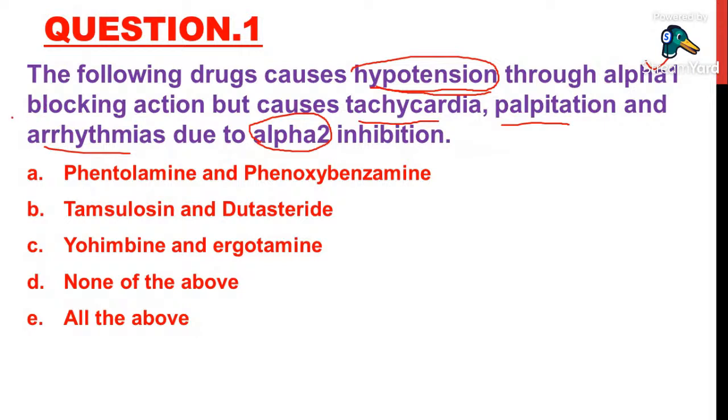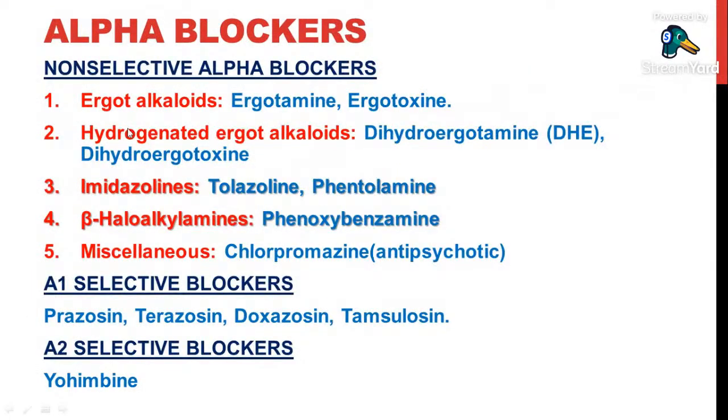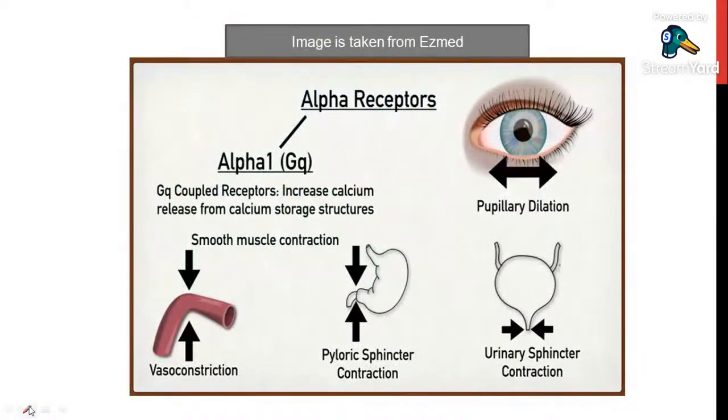To solve this question, let me tell you, in alpha blockers, we have these many drugs. Before that, we already know that alpha receptors are of two types, alpha 1 and alpha 2.